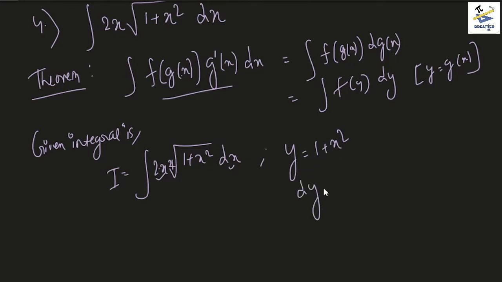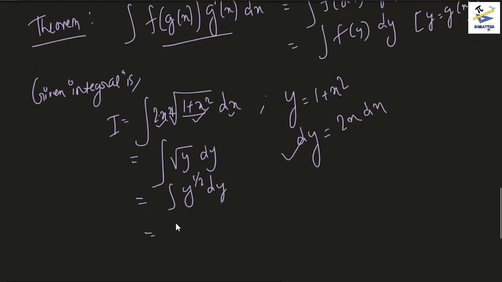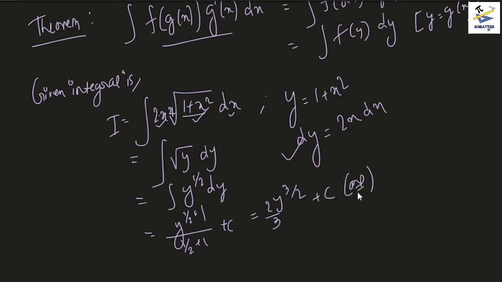So when we do dy, what we get is 2x dx, and that is helpful because this turns into root over y into dy, where 1 plus x square became y and 2x dx was written as dy. And this is an easy one because this is just y to the power half dy, and using the rule you can find it as y to the power half plus 1 divided by half plus 1 plus c, which is basically y to the power 3 by 2 into 2 by 3 plus c, which is the answer, right?